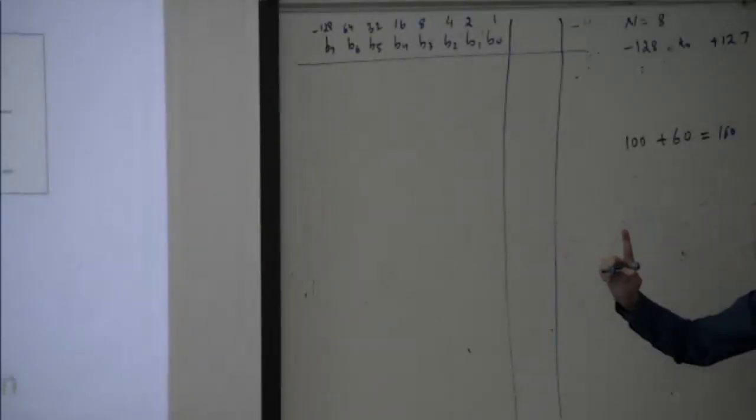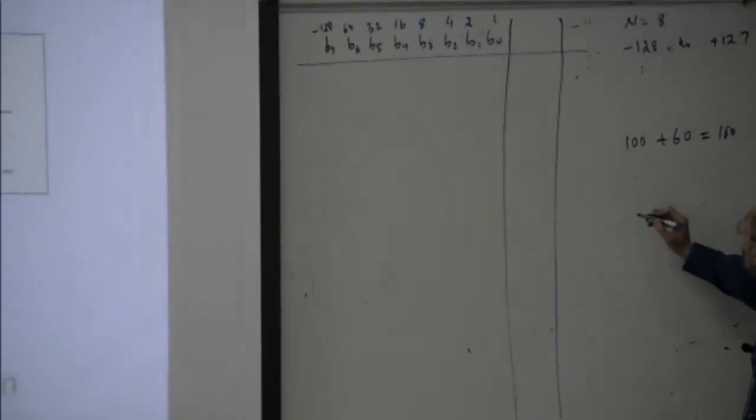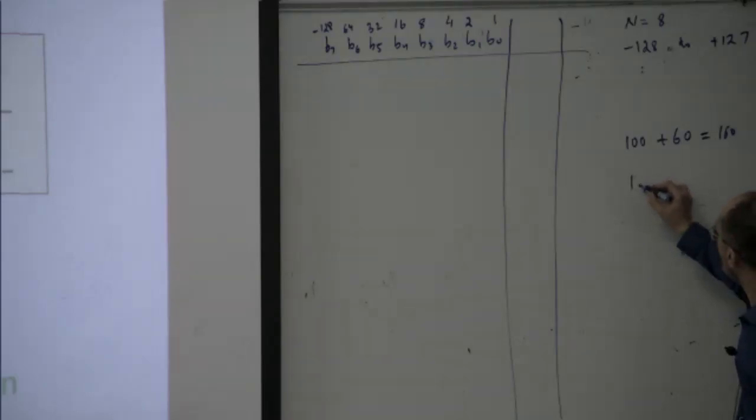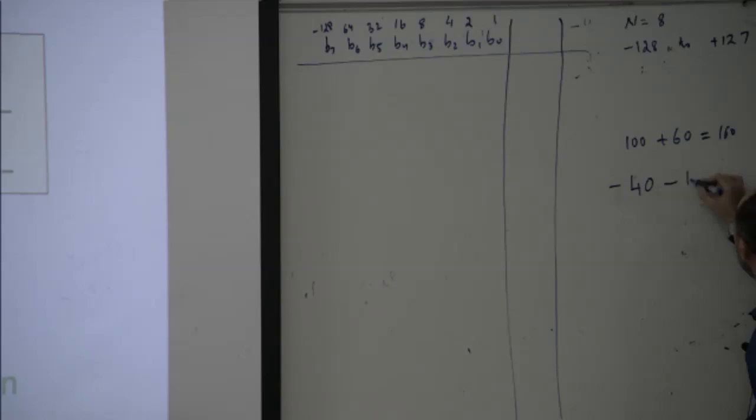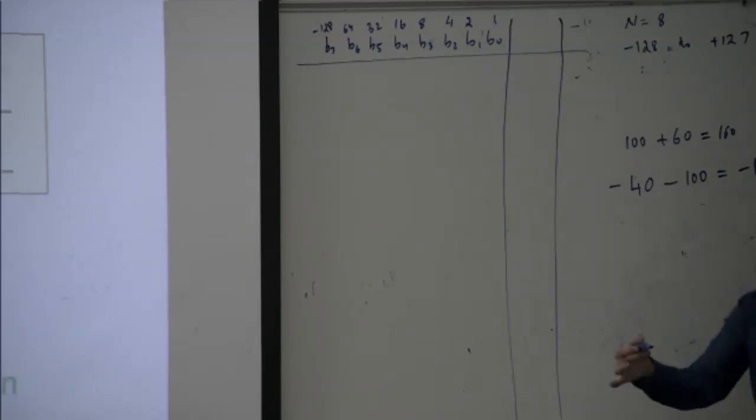Another example: minus 40 minus 100. That is minus 140. Overflow or no overflow? Overflow. We will prove it using the method that we studied.